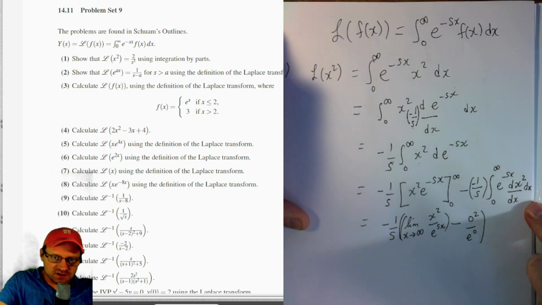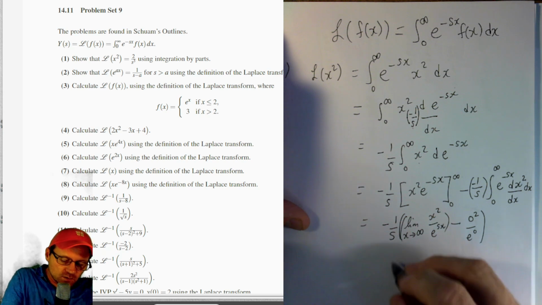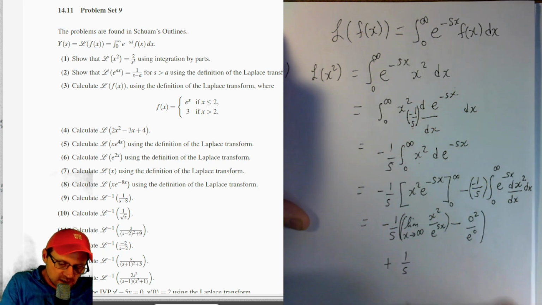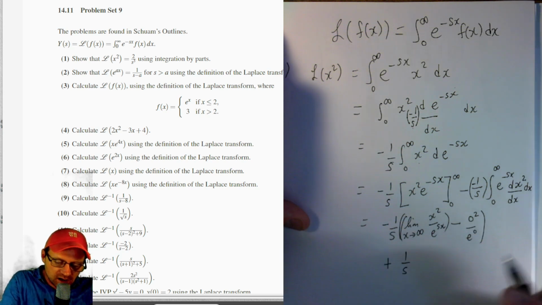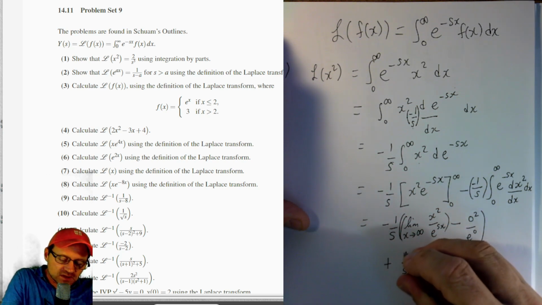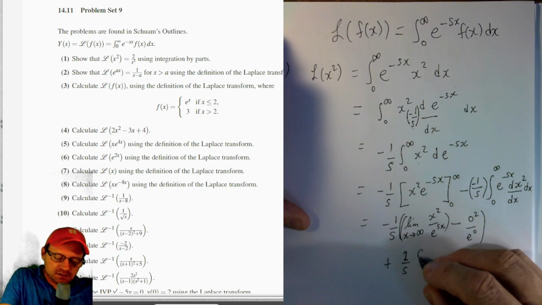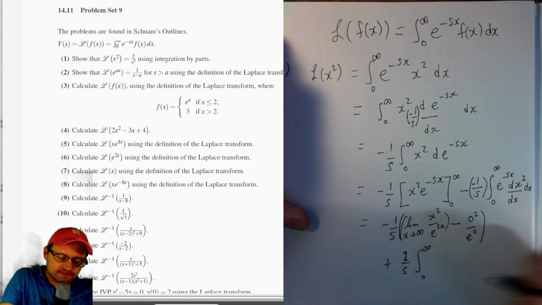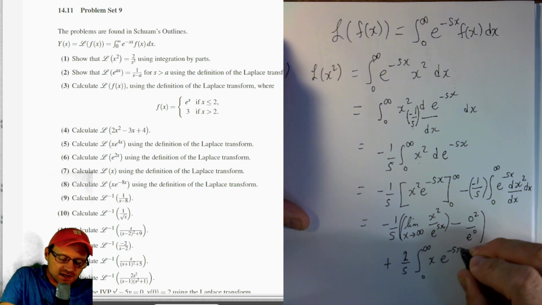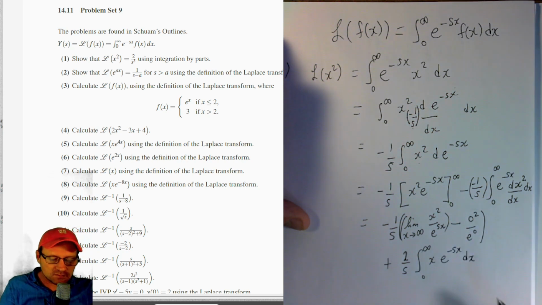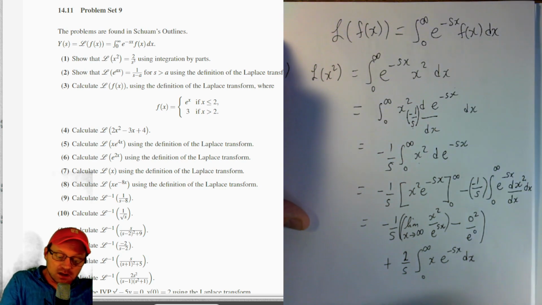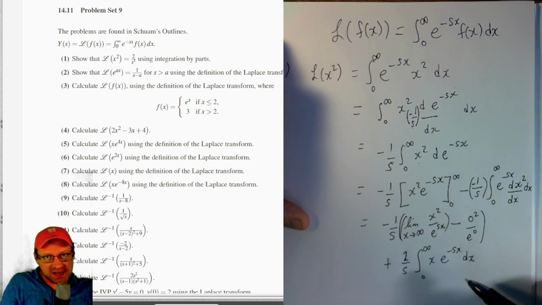And then continuing on with this, we have plus for the 2 minus signs, so plus 1 on s. Integral of, now the derivative of x squared is 2x, so we can even pull the 2 out and call this 2 on s. And so we have x e to the minus sx dx. Now, you see this has gone down 1 degree. And so it's not done, but we're getting closer.